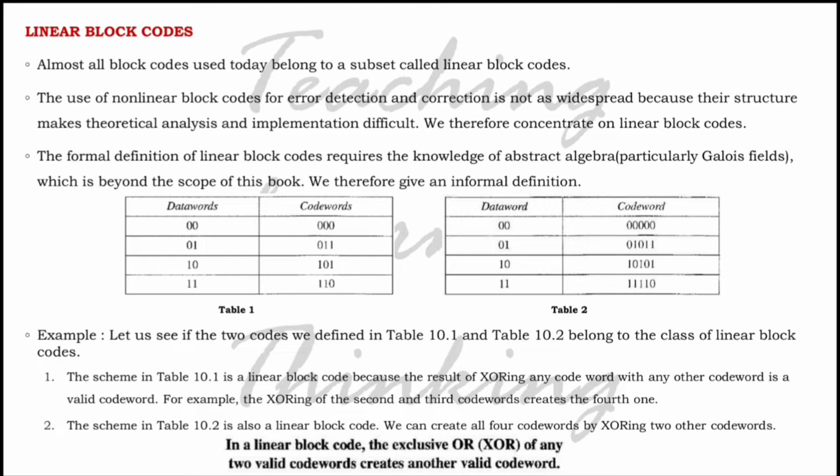So in a linear block code, the exclusive OR of any two valid code words creates another valid code word. That is what we mean by linear block code. Please keep this in mind. That is all about the linear block code definition.